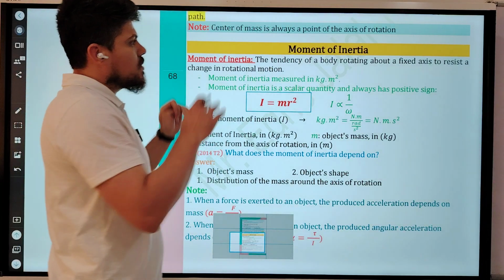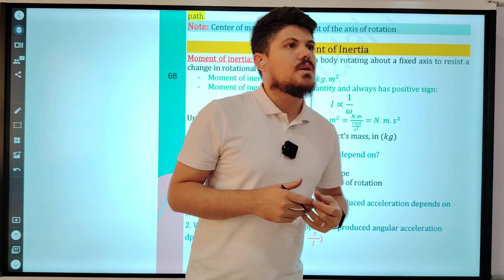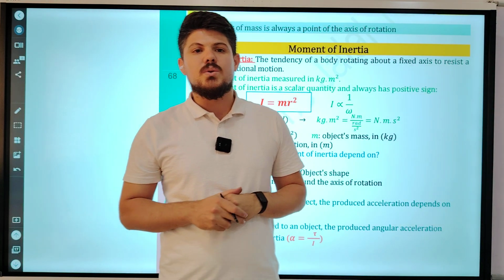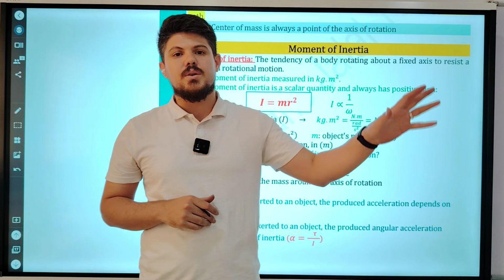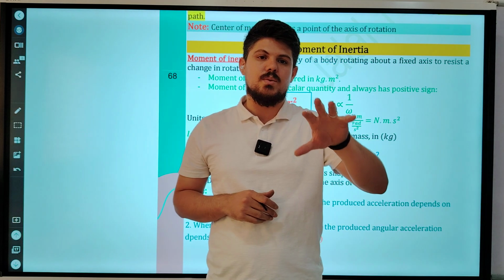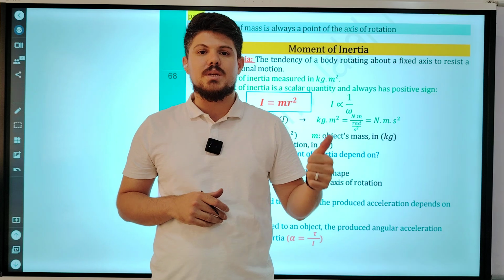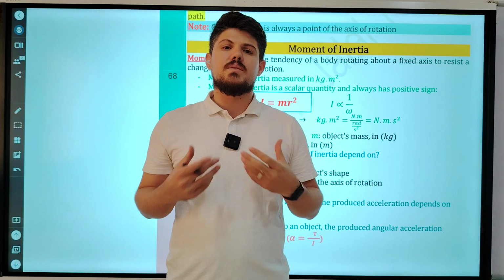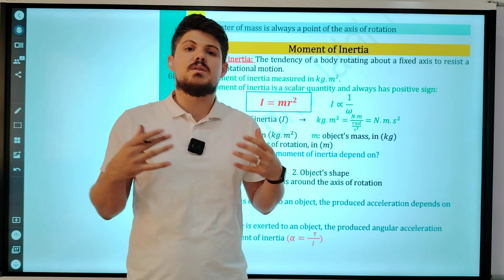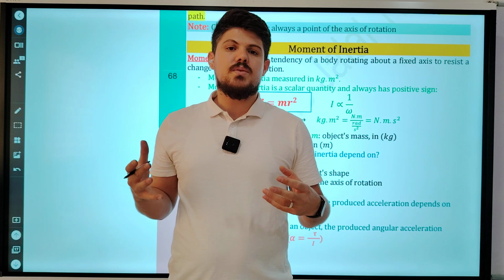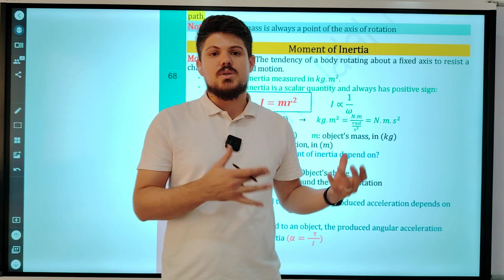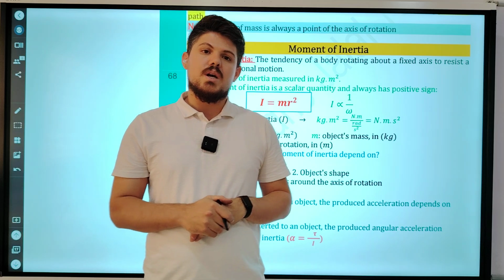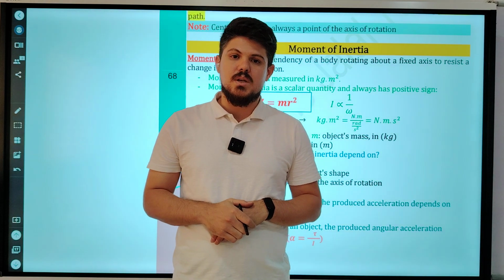Before explaining the moment of inertia, I would like to remind you of inertia, which you learned last year in grade 11. In grade 11, you learned about inertia, Newton's first law. Newton's first law says an object at rest remains at rest, and an object in motion continues in motion, when the net force acting on the object is zero.